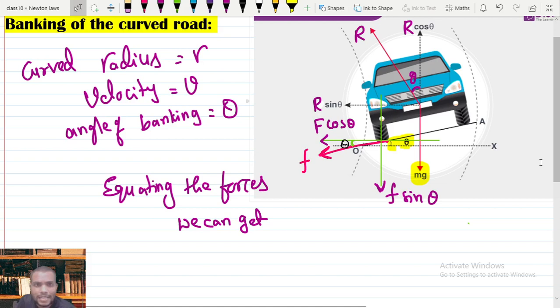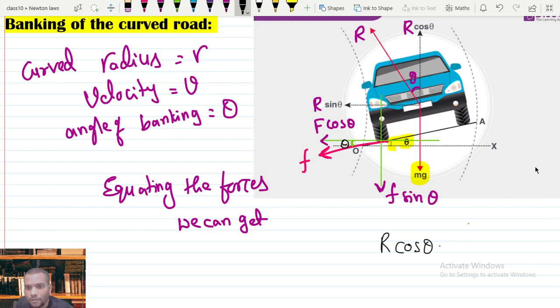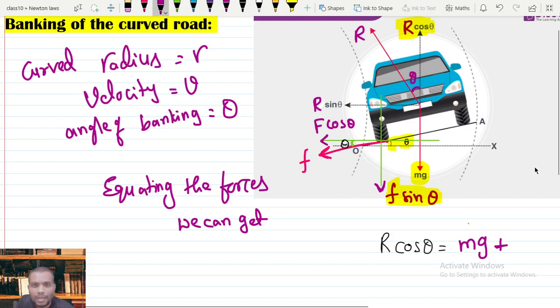The upward force here is R cos theta, the one and only upward force acting in the vertical upward direction, which equals the downward forces. Here the downward forces equal mg, plus along with the mg we get one more component of the friction force, that equals F sin theta. So this is one of the balancing equations I got; let it be equation 1.